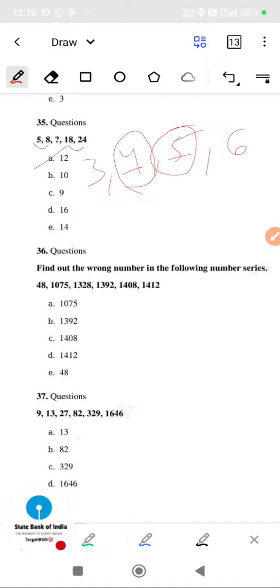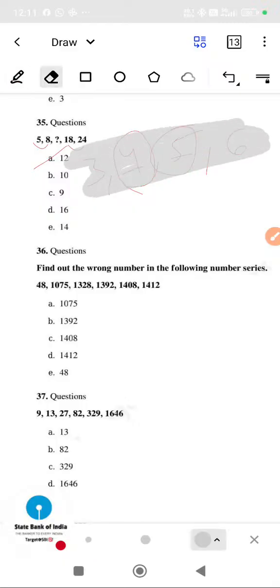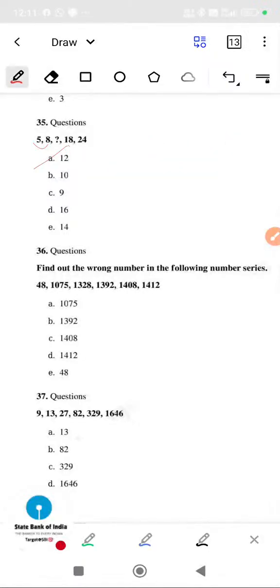Question number 35. The difference first is 3. I don't get the answer for this one very clearly, so let's see what mistake I made. So these are not the answers. Let me check. Here we have 5, 8, dash, 18, 24.